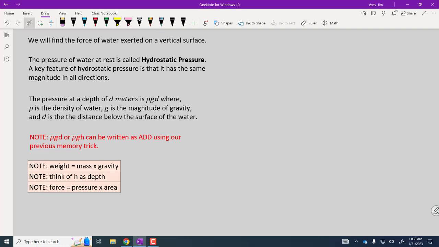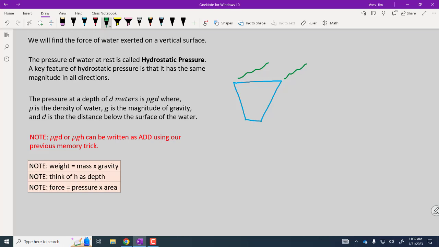So hydrostatic pressure has this weird thing that it pushes in all directions simultaneously with the same force. So here is an interesting question. We're going to be dealing with dam walls. So let's just suppose that's a dam, and we've got water behind it. We've got this water, and it's in a canyon or whatever, and the water is pushing on the face of that dam.